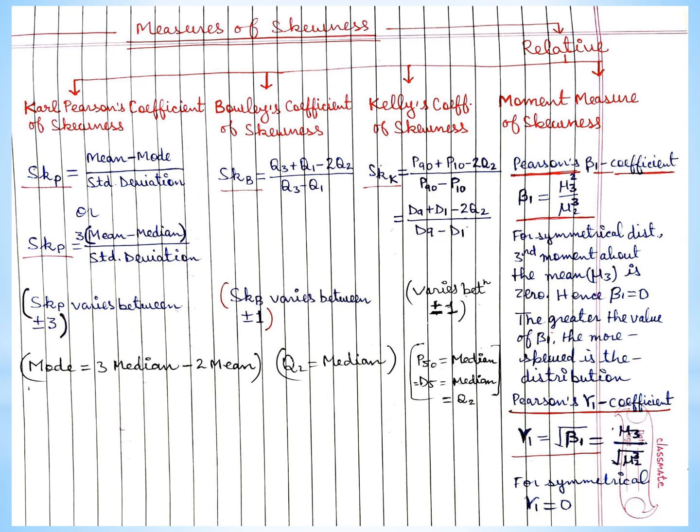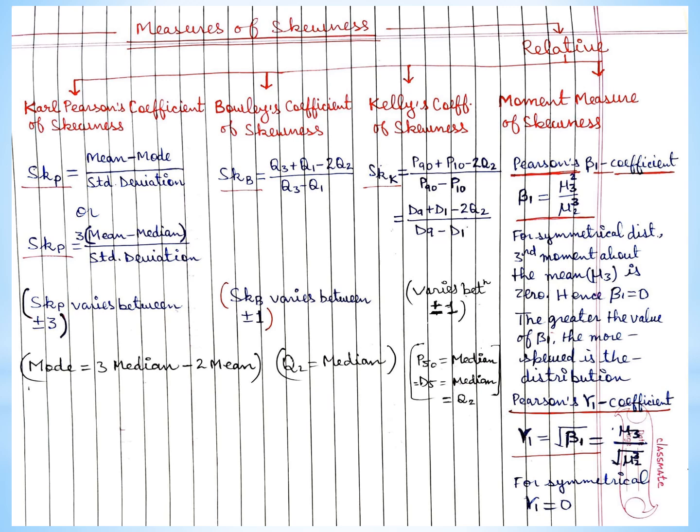That means if the third moment, that means mu 3, is 0, in that case beta 1 will be equal to 0. The greater the value of beta 1, the more skewed is the distribution.